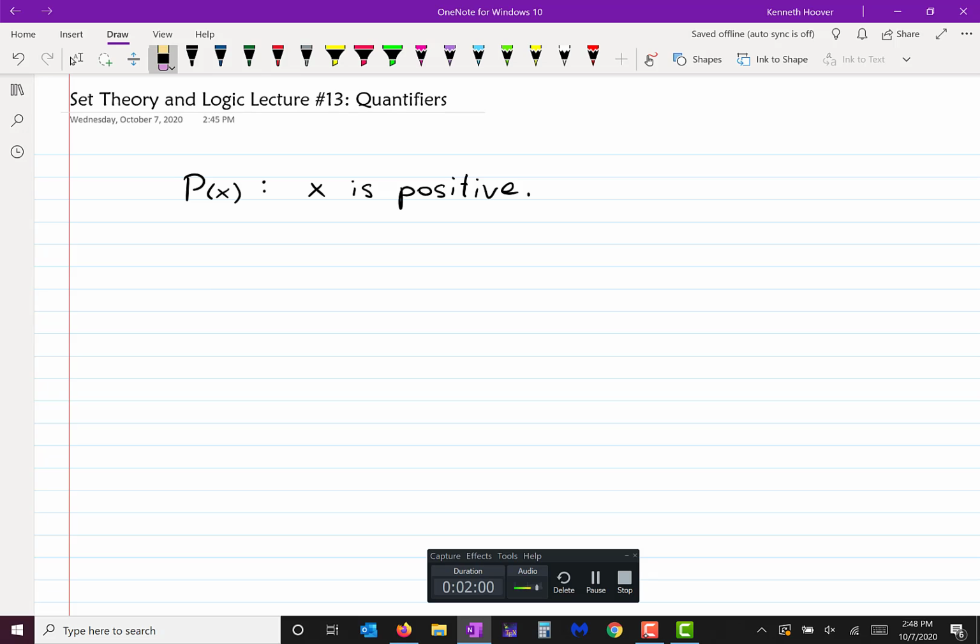I can take P of X, which is an open sentence, and I can build it into a statement by saying, there's a few ways to say it, P of X for all X in the real numbers, let's say.